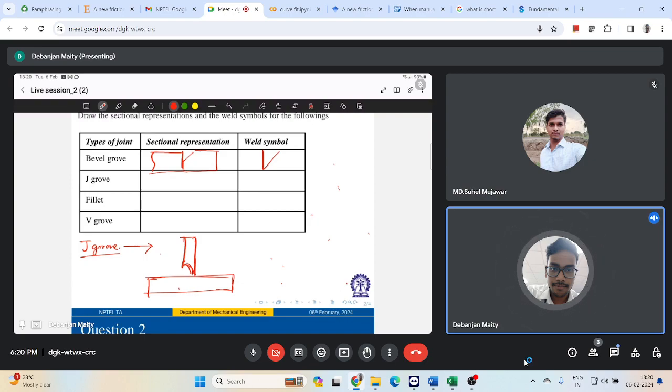My J groove joint will look something like this. So this is one edge and this is another edge, right? This is how it will look.